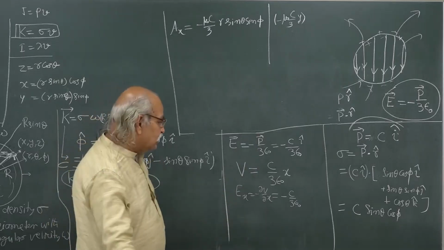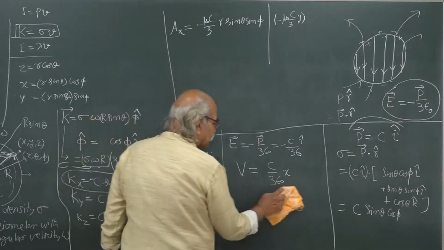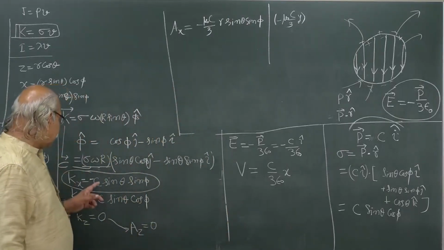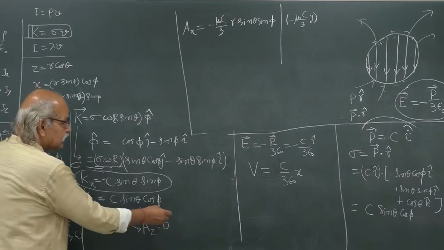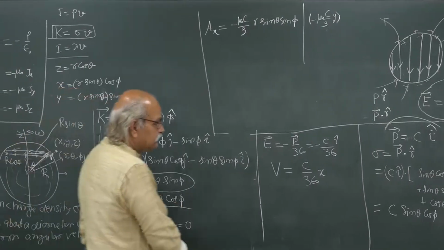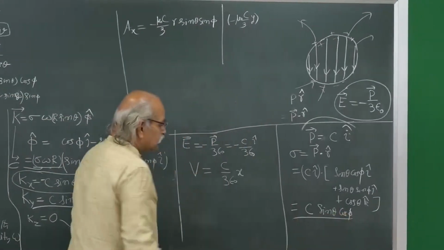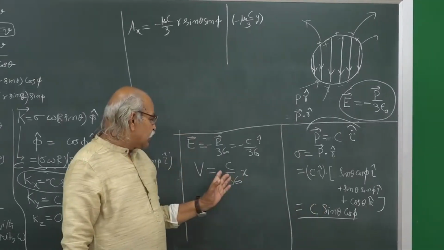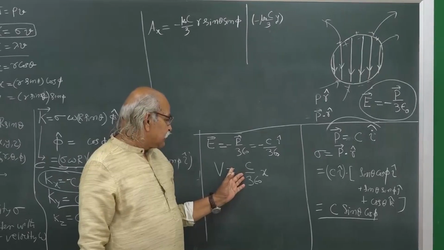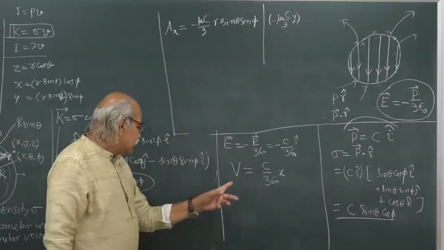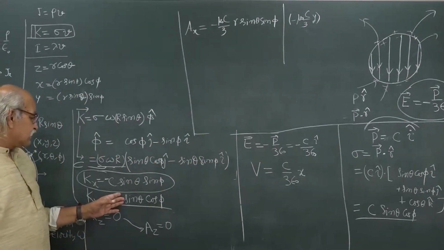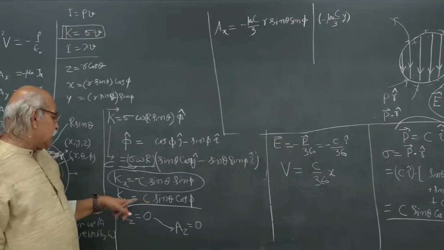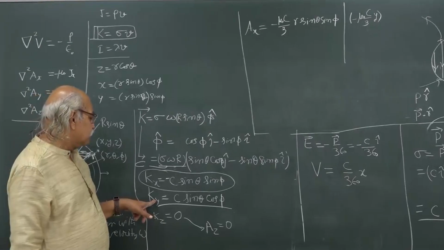So, we know the potential now, and therefore we can immediately write this Ay. For this surface charge density, we are getting this as the electric potential, and therefore, with this current density, the same expression will give me the y component of the magnetic vector potential.